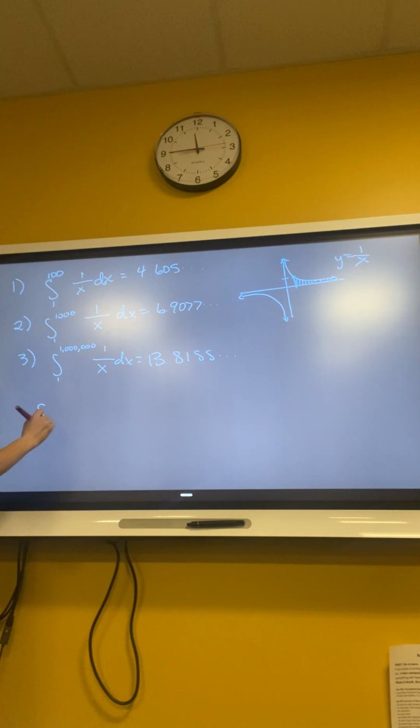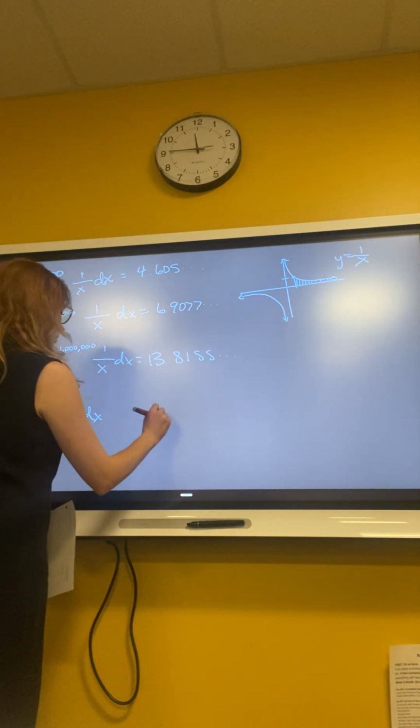Based on this pattern so far, do you think this converges or diverges? Converges means it's approaching some value. They're big jumps. So it doesn't really look like it, does it? No. This looks like it's just going to keep growing, so we say that it diverges.